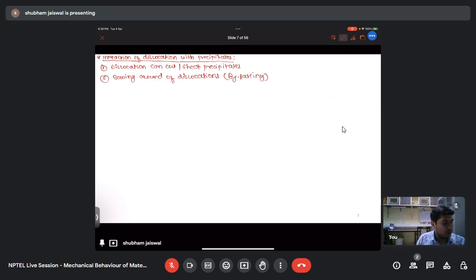Okay. So in these two ways, the dislocations can interact with the precipitates.